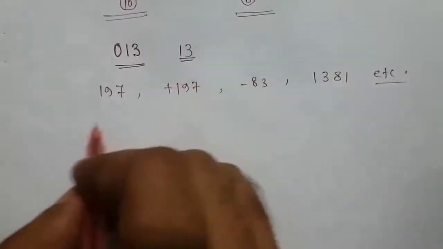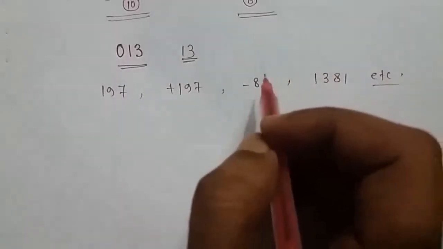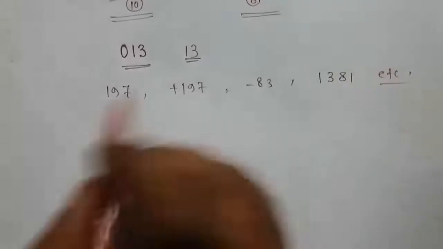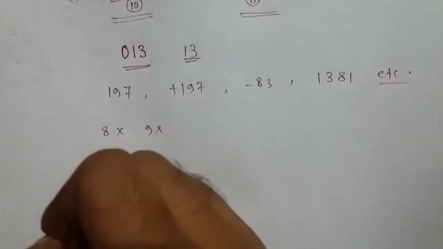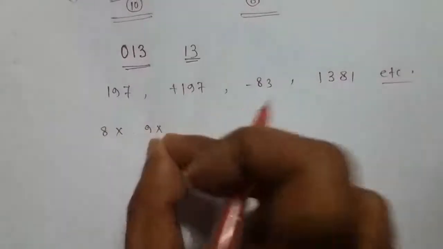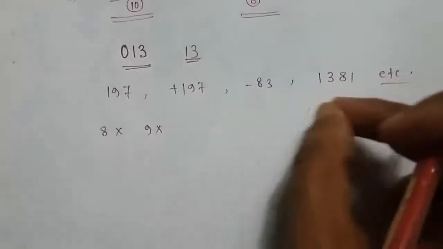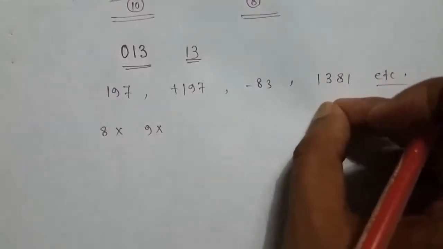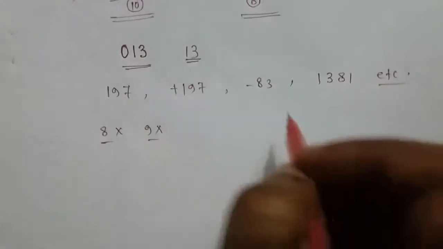You have to remember that the sequence must not contain 8 and 9. Why? Because 8 and 9 are invalid octal digits. As you know, in the octal number system only digits 0 to 7 are allowed. That's why 8 and 9 are not allowed.